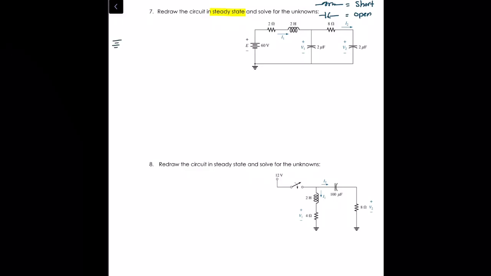Okay, so I'm going to redraw the circuit here. I've got a 60 volt source. I'm going to replace this with a short circuit, and I'm going to replace my caps with open circuits. Oops, I do need that resistor in there, at least for the time being.